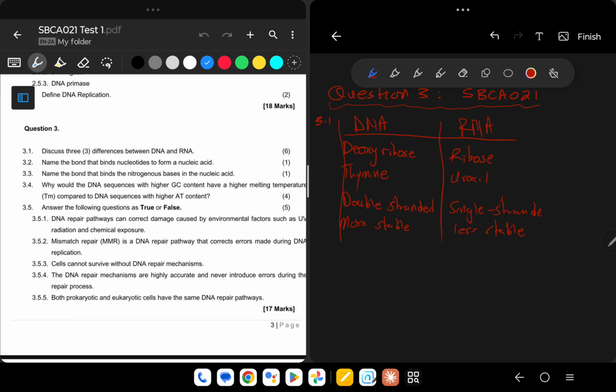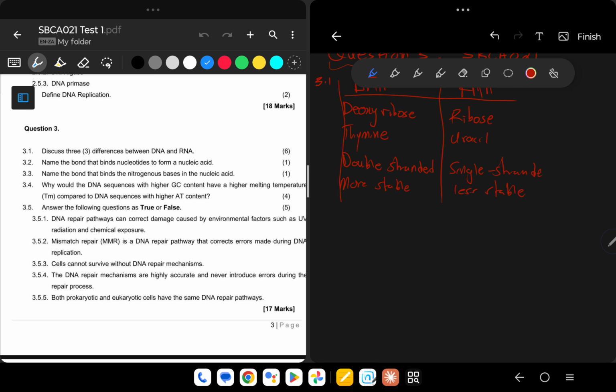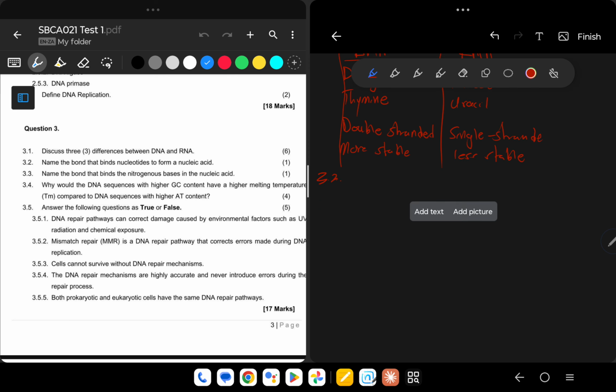Moving on to the second question, 3.2, it says: name the bond that binds nucleotides to form nucleic acid. Here we're talking about the bonds that join the nucleotides that you find in RNA or DNA.